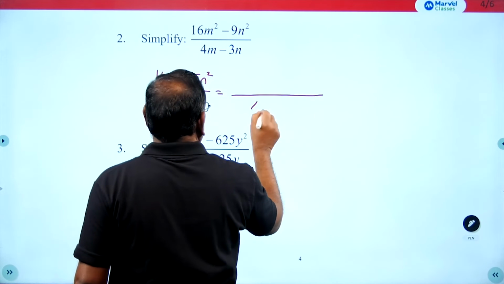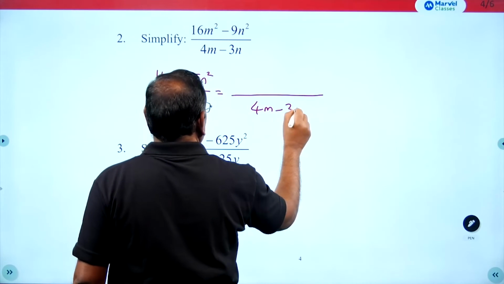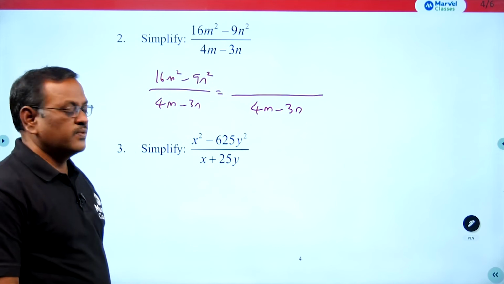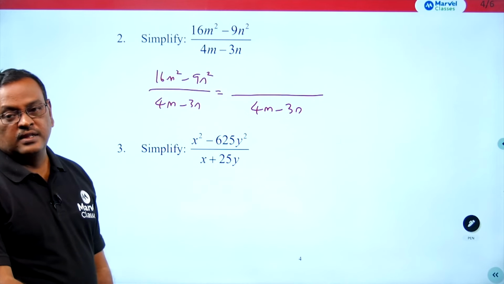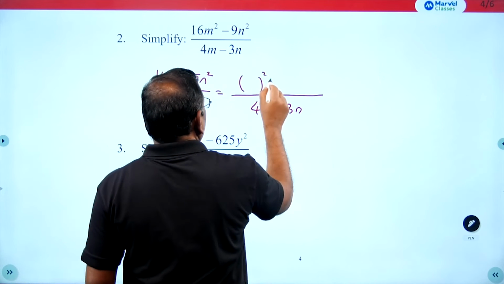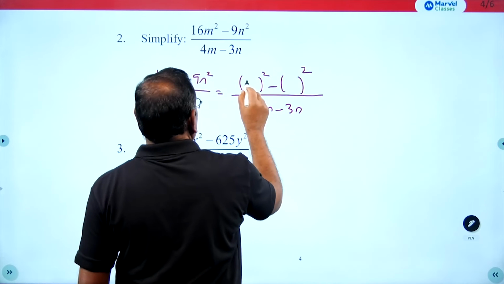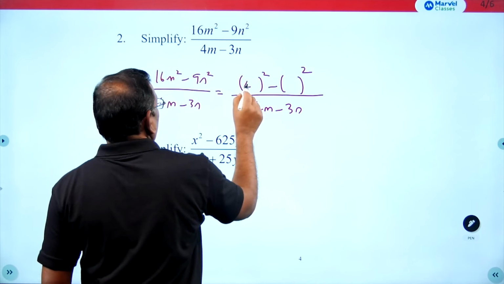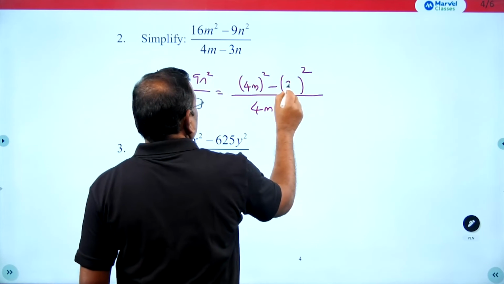Here fix the denominator as it is, not possible to simplify, but you can write the numerator in the form of a square minus b square. What is a? A is 4m, and b is 3n.